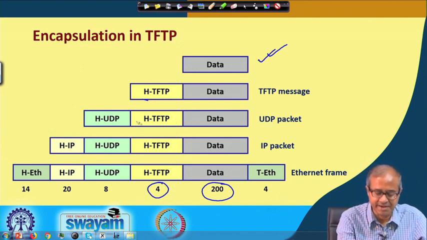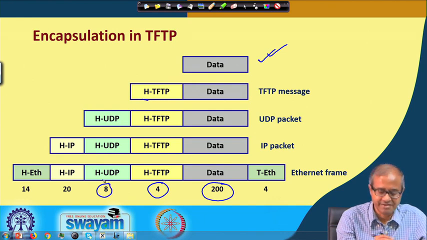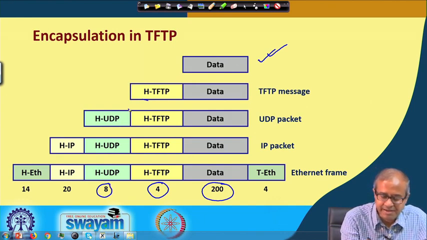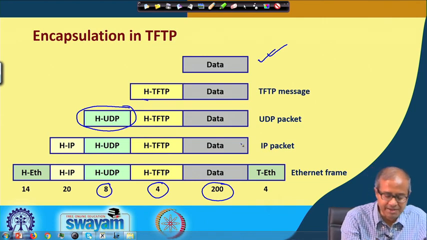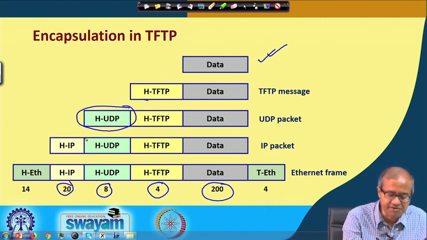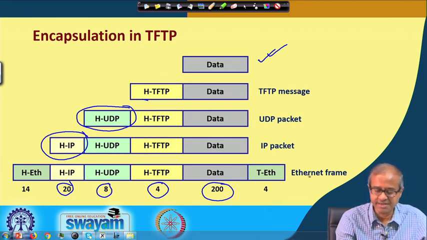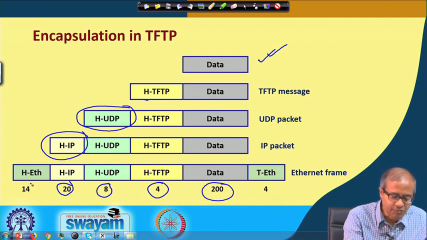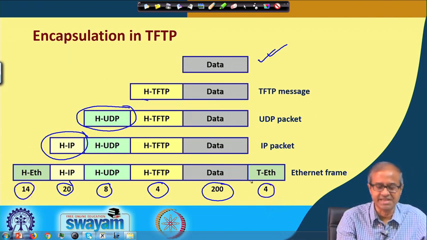Now, the UDP header is 8 bytes, this we shall see later. So, at the UDP layer, 8 bytes of header get added. Then it comes to the IP layer. For the IP layer, 20 bytes of header get added, and at the lowest level, it is the Ethernet. At the Ethernet layer, 14 bytes of header and 4 bytes of trailer get added.